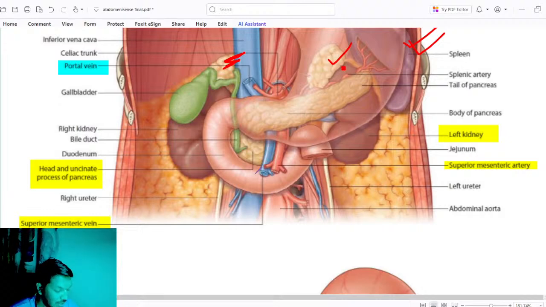Why is it unseen? Because it is covered by the superior mesenteric vein and superior mesenteric artery, which are anterior to the uncinate process. And this part is supplied by which artery?